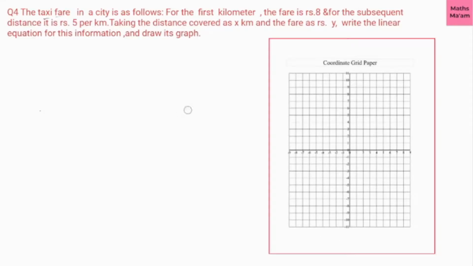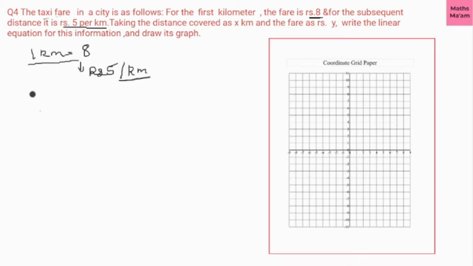Let's see this question. Okay, now in this question it says the taxi fare in a city is as follows. For the first kilometer it is 8 rupees, and after that rupees 5 per kilometer. स्टार्टिंग में 1 किलोमीटर के लिए चार्जेस हैं 8 रुपीज़. After that, after 1 kilometer the charge is reduced to rupees 5 per kilometer.